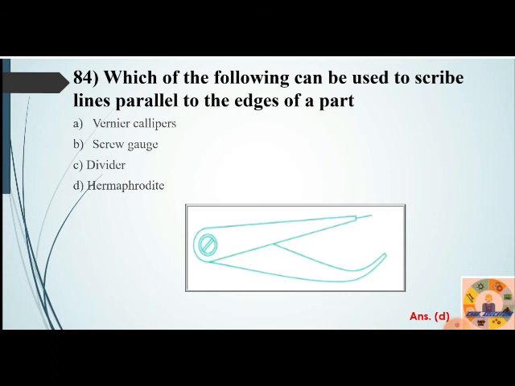It is basically a caliper used to lay out lines that are parallel with the edges of a workpiece, and it can also be used to locate the center of a round or cylindrical shaped workpiece. So, the right answer for this question will be option D.